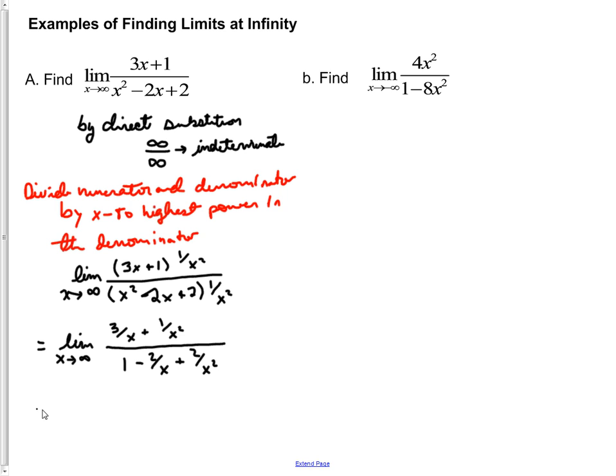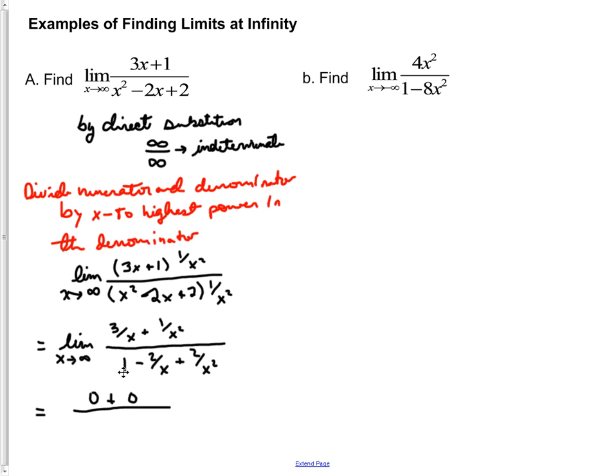The reason we want to do that is that now we can use our rule from before that tells us that if we have some constant over x to a power, as x goes to infinity, that term goes to 0. So look at what we've got. 3 over x as x goes to infinity goes to 0. And 1 over x squared goes to 0.